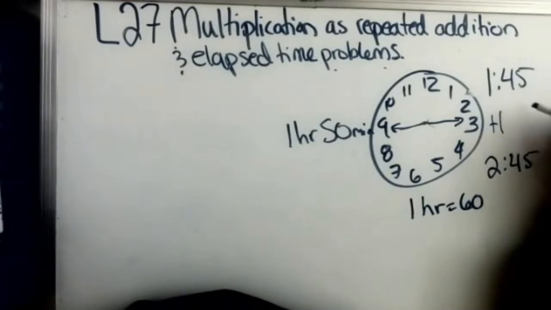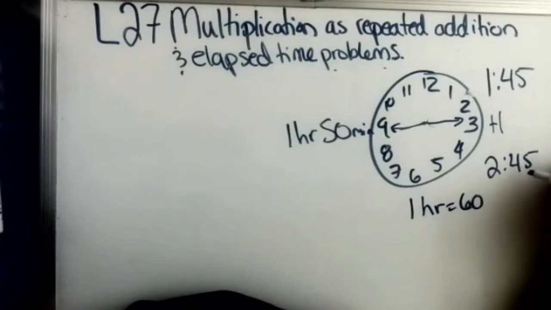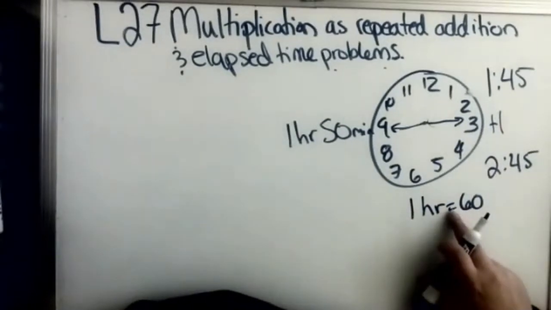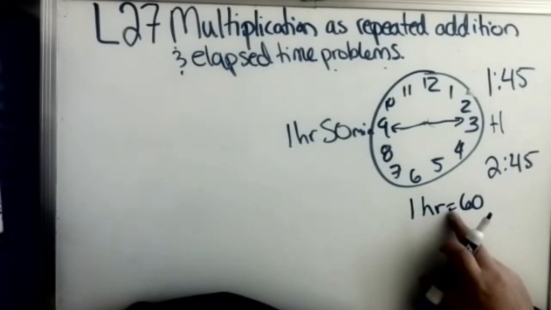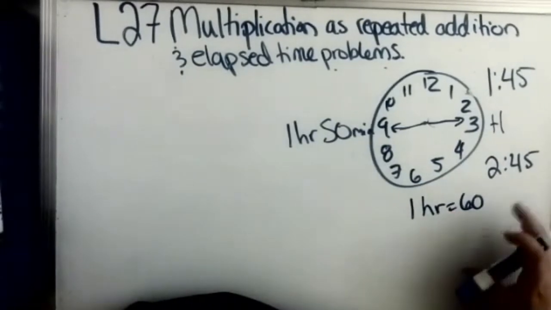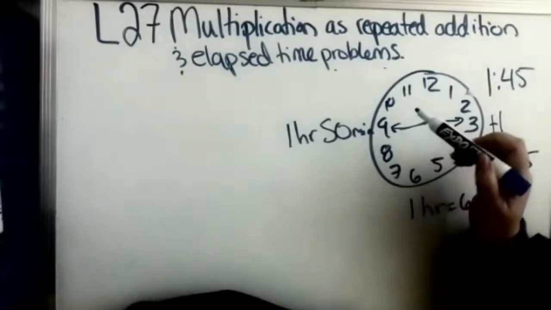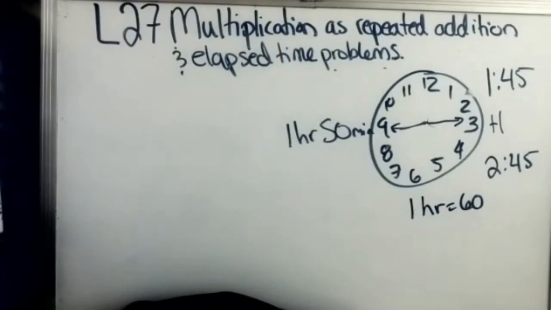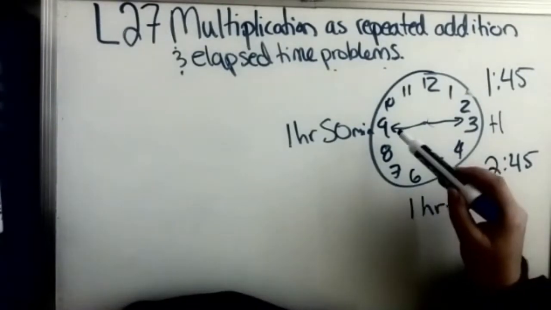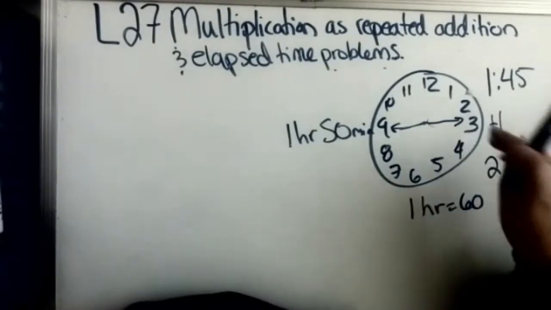Now a lot of you are going to say, well, why don't you just add 50 minutes? Because 1 hour is 60, so this is a base 60. We can't go up to 100 like we normally would. If you can do it thinking of 60 as 100, you can do that, but we're going to do it counting. Now remember, this is the minute hand and this is the hour hand.